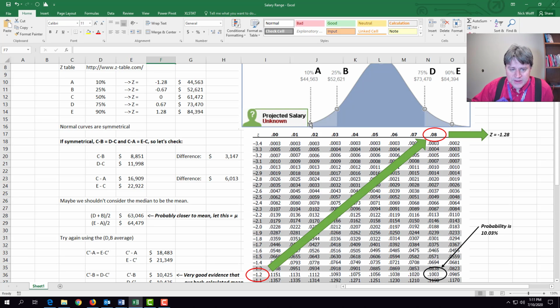So it's from here all the way to basically negative infinity. If you were to take a fraction of it, this area on this part of the graph is 10% of the whole curve. So the probability is just a table of probability. At this number here, 10% of the salaries are going to be less than this number here.